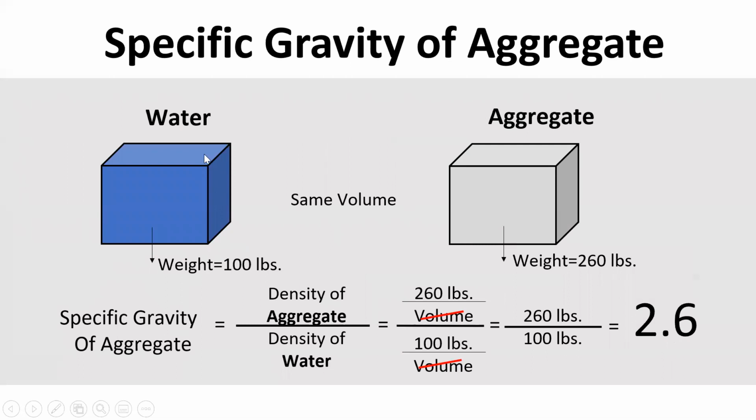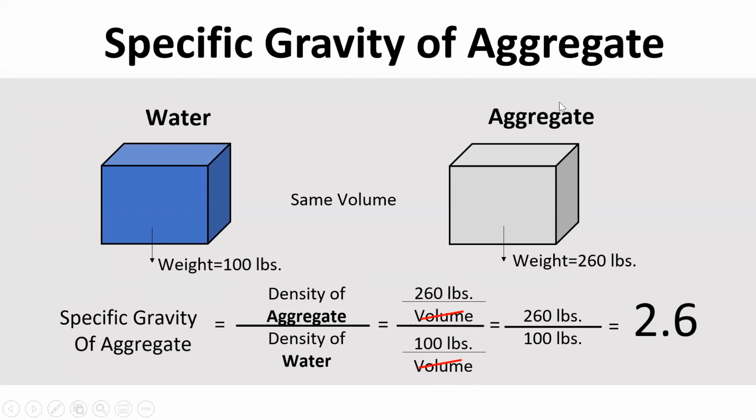So for the specific gravity of aggregate, say you have 100 pounds of water and 260 pounds of aggregate. What that's really communicating is there's 260 pounds per the same volume and 100 pounds per the same volume of water. So density of aggregate divided by the density of water, 260 divided by 100, is 2.60.